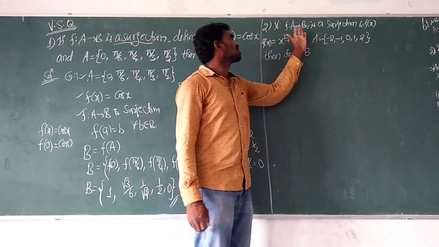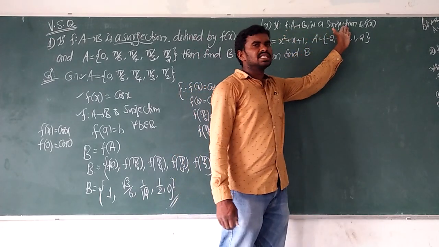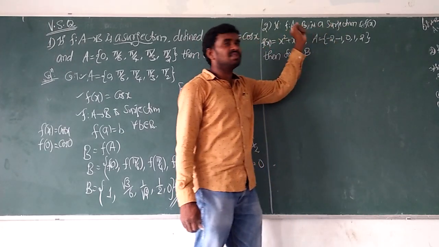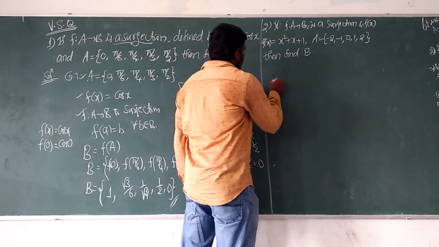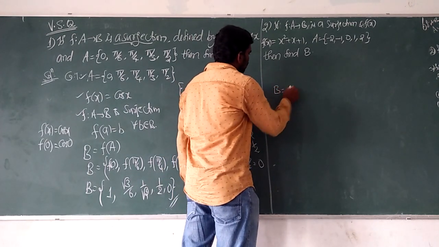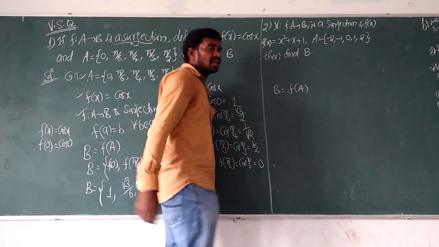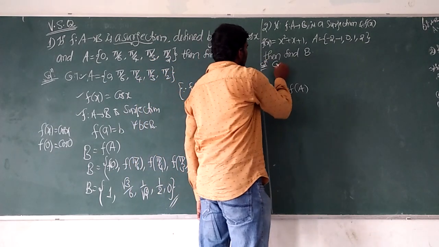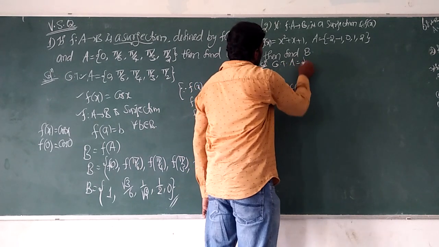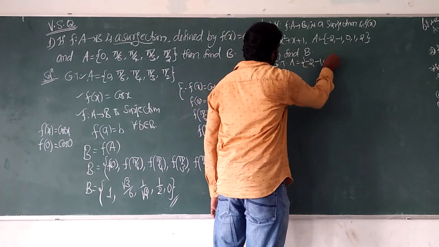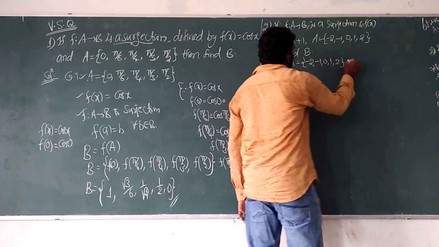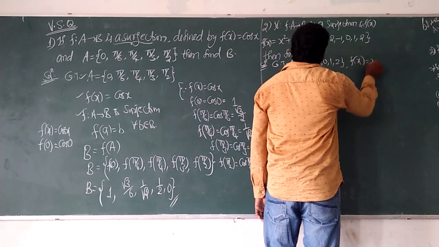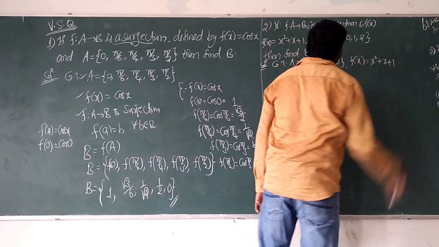So the given instruction is f from A to B is a surjection. So surjection means what? B equal to f of capital A. First of all, we have to write in the solution what is given. Given that A equal to the set of minus 2, minus 1, 0, 1, 2, and the function is f of x equal to x square plus x plus 1.